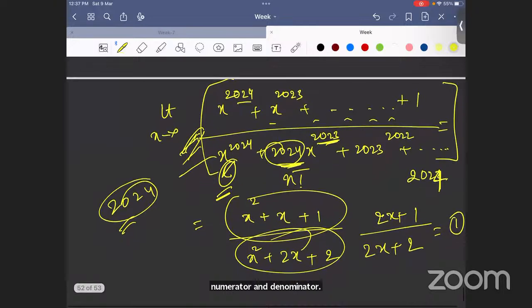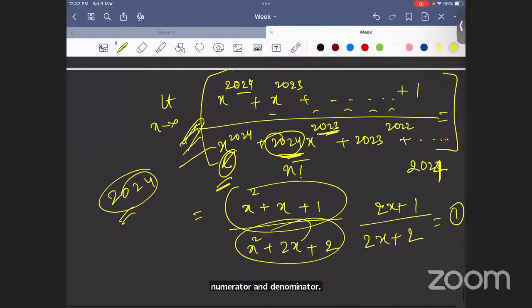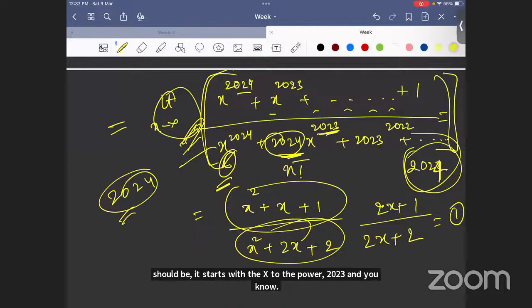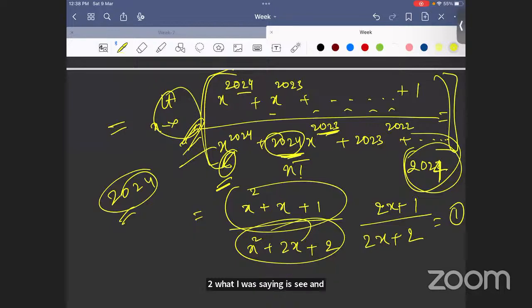Okay, leave that. But whenever I used to solve, because I did it long back, in the 12th or in the first year, whenever this type of pattern, mostly you'll be getting this type of answer, not one. In that case, the denominator should start with x to the power 2023, and the numerator should be 2024. So what I was saying is, I'll just try to give you an idea.